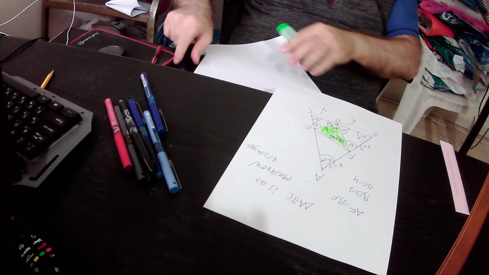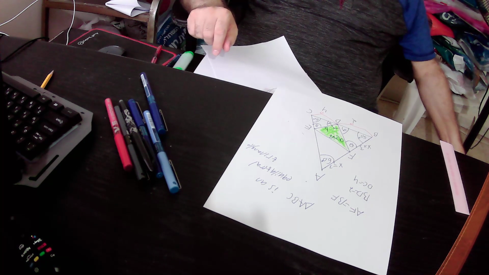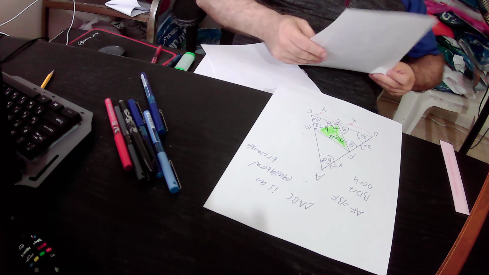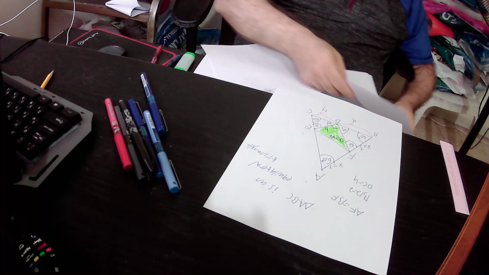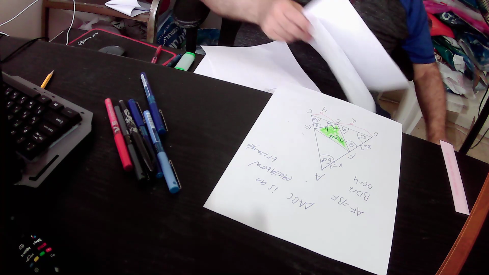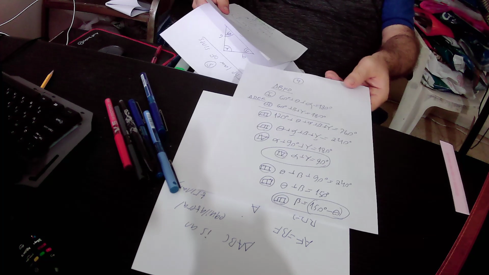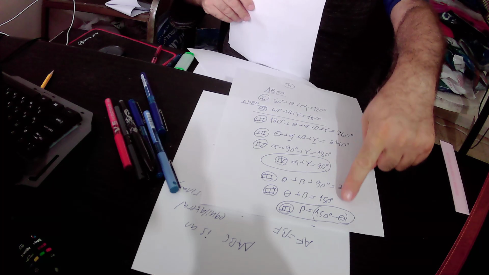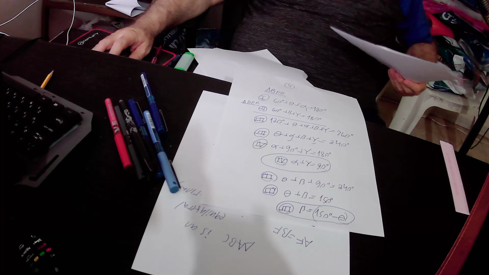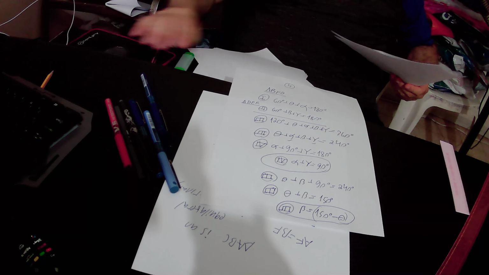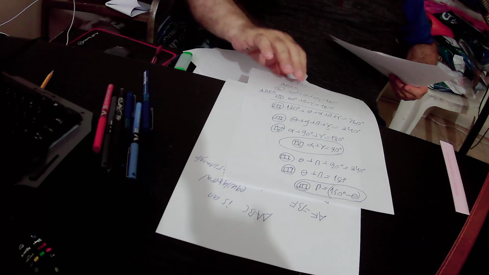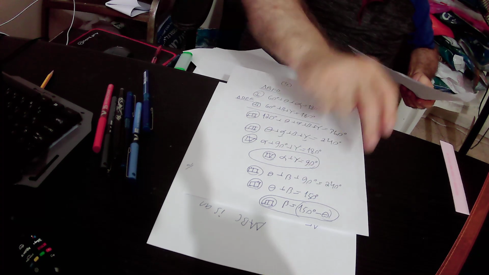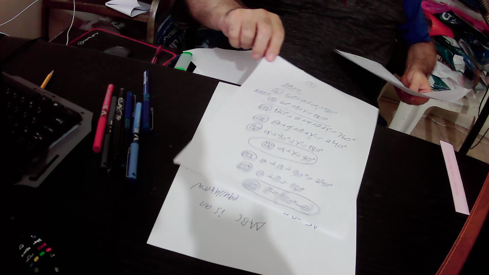I can show you that we found it here, that beta equals 150 degrees minus theta. In the beginning of the lecture, we found out that the value of beta is 150 degrees minus theta.